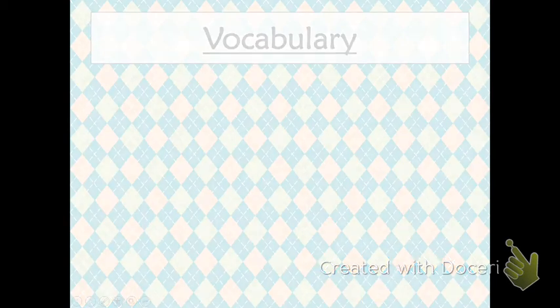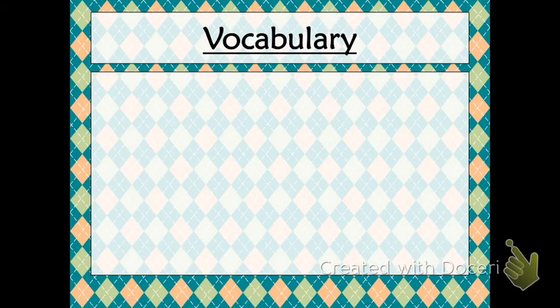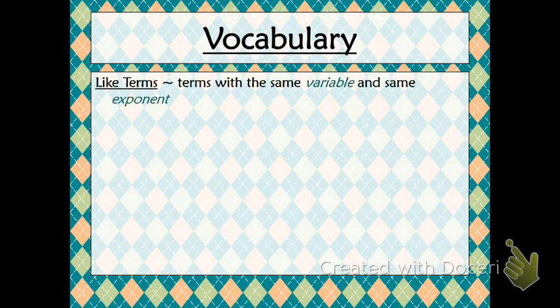One last vocabulary term for you here, and that is the word like term. Like terms are terms that have the same variable parts. So if we look at 2x and negative 7x, they both have an x part. So they're like terms. It doesn't matter that the coefficients are different. It's the variable parts we're looking at.